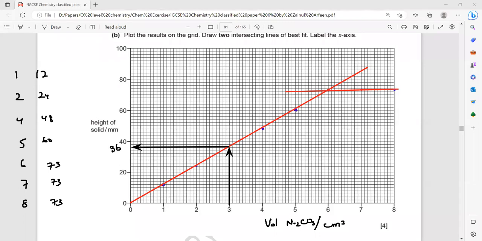It can be directly proportional, positive correlation, or you can also mention that as the volume of sodium carbonate is increasing, the height of the precipitate is also increasing, and then it levels off, becomes constant. If it starts from origin, then we can say directly proportional. So as the volume increases, the height of the precipitate increases until the height levels off.